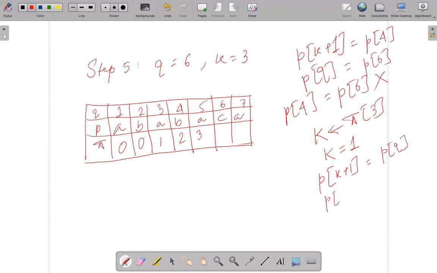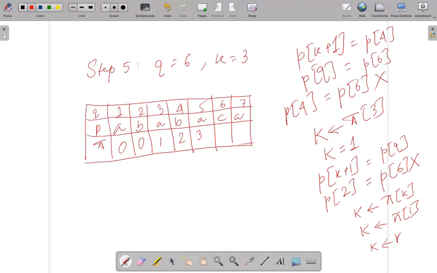Here now Pk plus 1 is P2 is equal to P6 or not, which is again false, and therefore we will again reset the value of k to pi k, which is k is set to pi 1, which is 0.